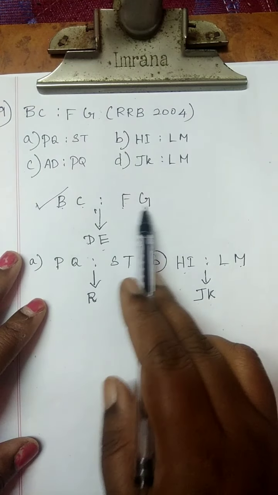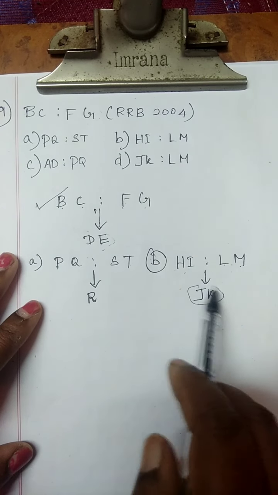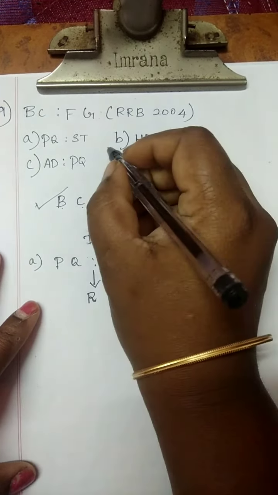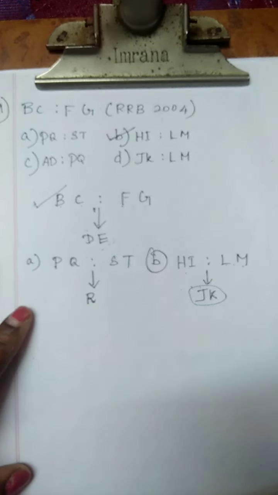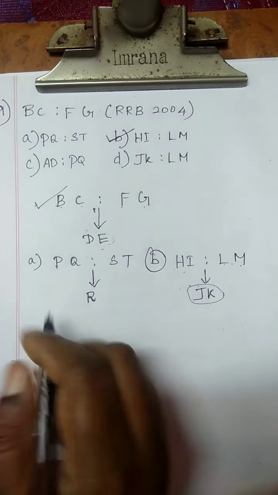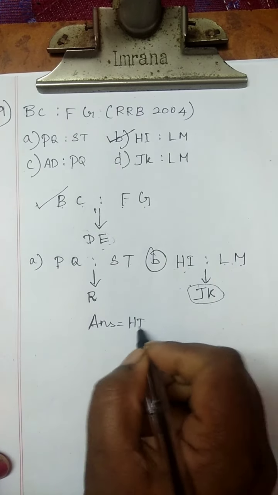In alphabetical order, they have left two alphabets. So option B is the right answer. It's a simple sum. The answer is option B, HILM.